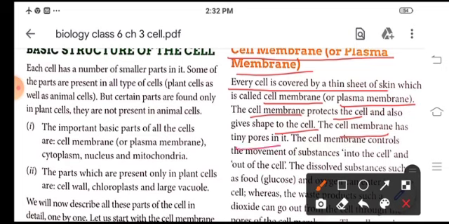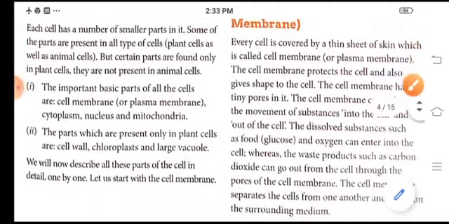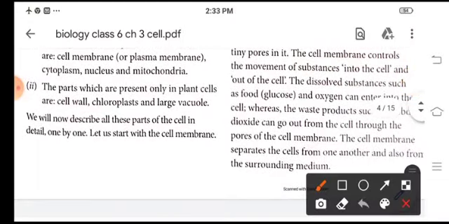Children, like our skin also protects ourselves from the outside environment, similarly, cell membrane has tiny pores and it also gives protection to the cell. The cell controls the movement of the substance into the cell and out of the cell.